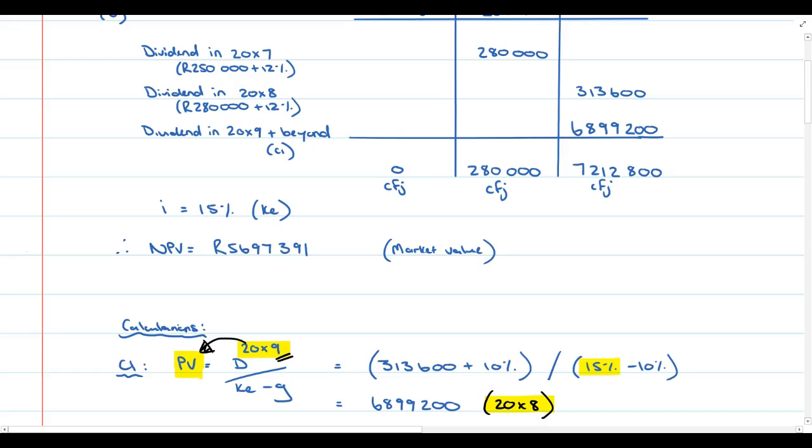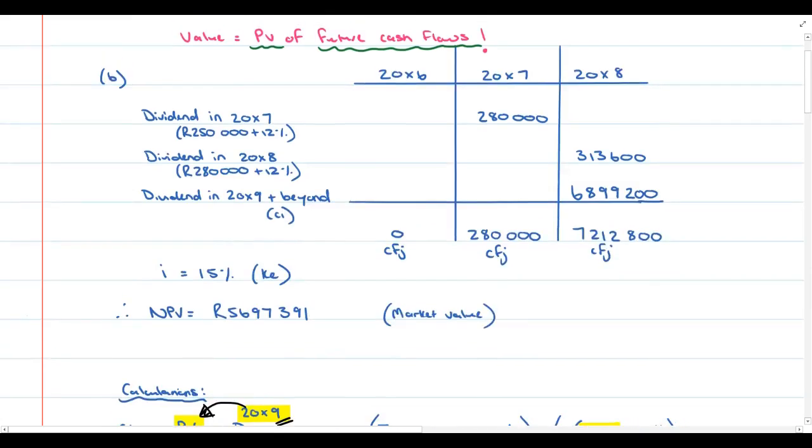Now, please make sure that you understand the logic behind this calculation. Remember, we said we calculate the value by taking the present value, or calculating the present value of the future cash flows. So we've estimated all of the future cash flows. In 20x7, Bulletin will receive a dividend of 280,000 Rand.